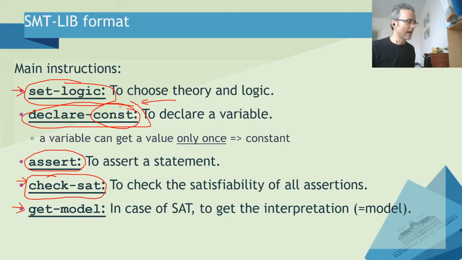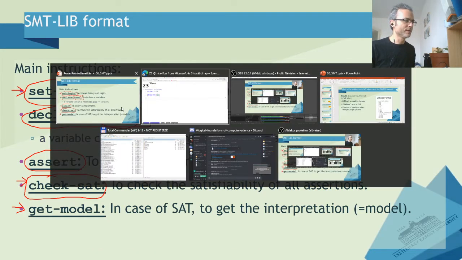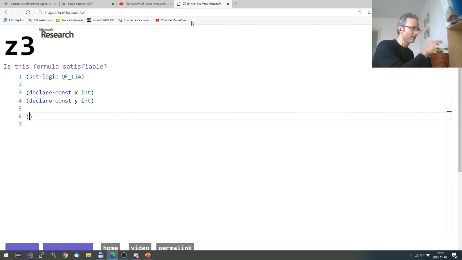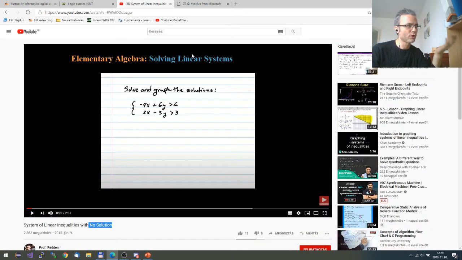So I have two variables. Now let's encode the inequalities here. Let's pick the first one. First of all, how to insert a logical formula, a statement which we want to check.